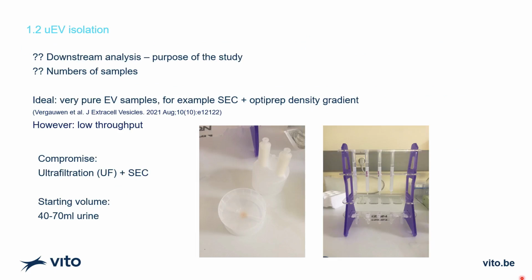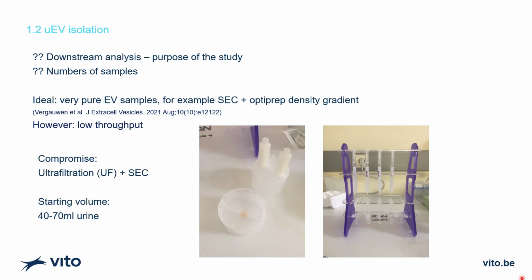The isolation: there was a question today from someone, if you need to analyze thousands of samples, which method is usable in a clinical setting? At the time that we started this project, the SmartSec kit was not available, but today there is a 96 well format of size exclusion chromatography that you can use for large amounts of clinical samples.